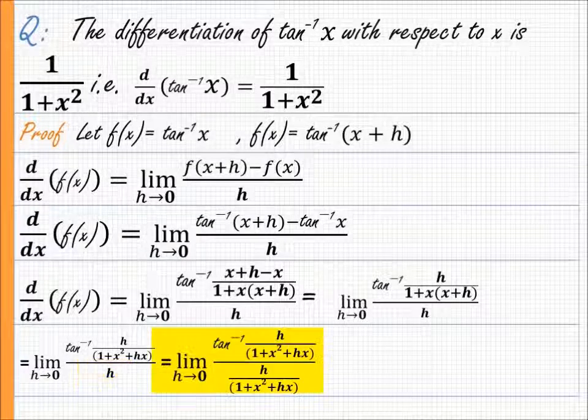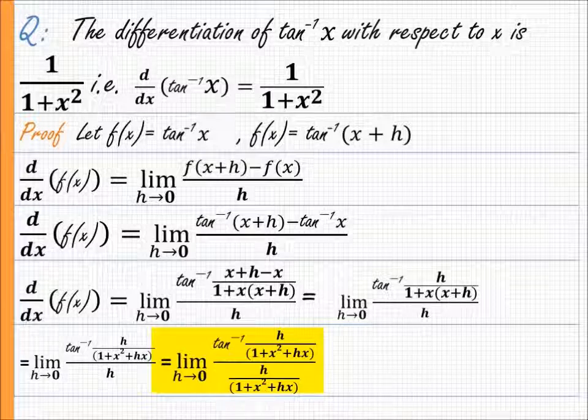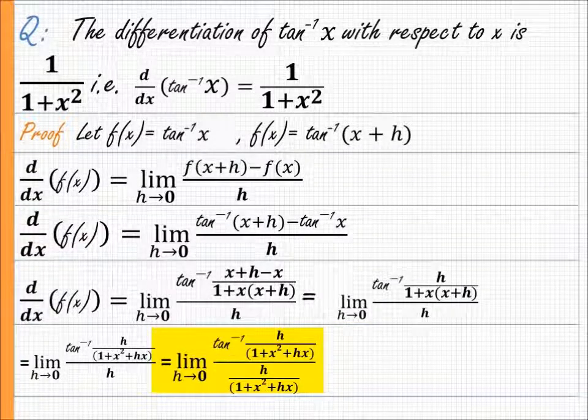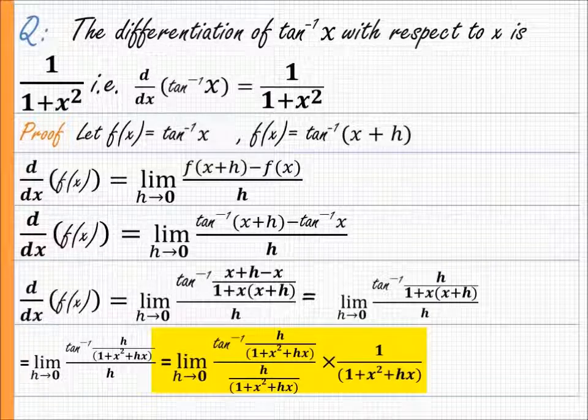So now this expression becomes the derivative of f of x with respect to x equal to limit h approaches 0, tan inverse of h upon 1 plus x square plus hx divided by h upon 1 plus x square plus hx, into 1 upon 1 plus x square plus hx.